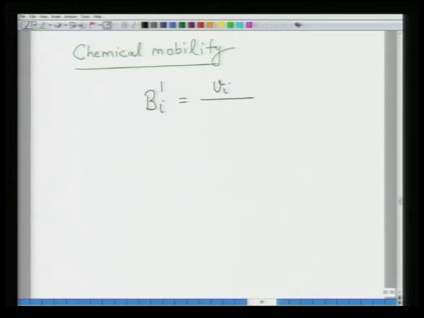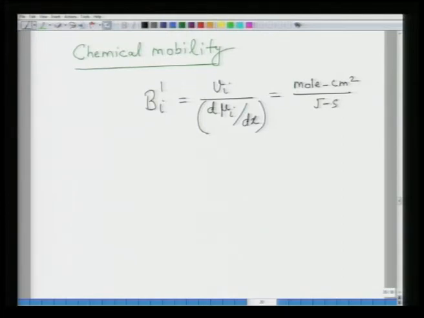You can also define what is called chemical mobility. Chemical mobility is defined as Bi prime, which is equal to Vi divided by d mu i by dx, and this is in units of mole centimeter square per joule second.